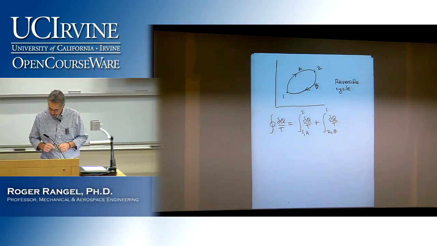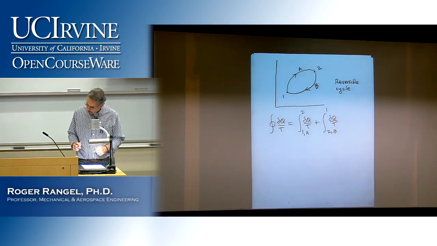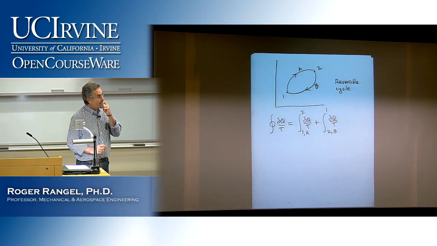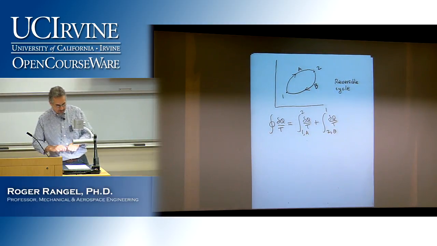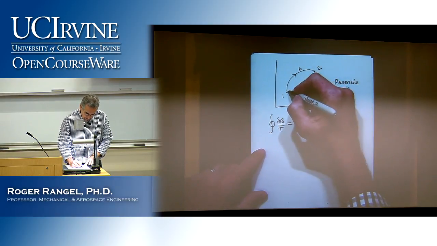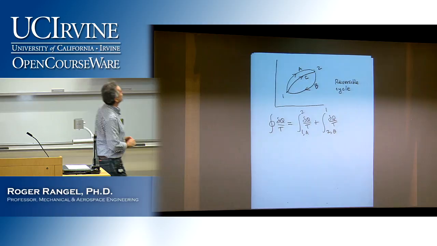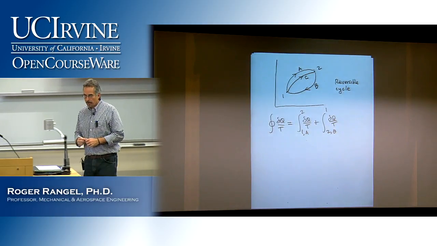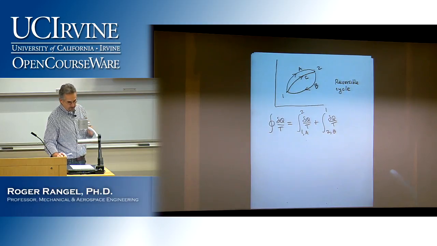Now I'm going to go there on a different path. I'm going to write another path from 1 to 2 that I'm going to call path C. Also reversible, so everything is reversible. Any path that I take for this process is reversible.